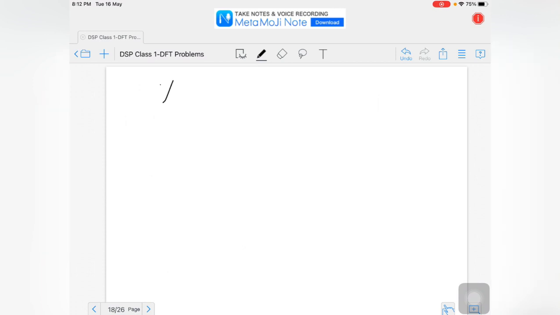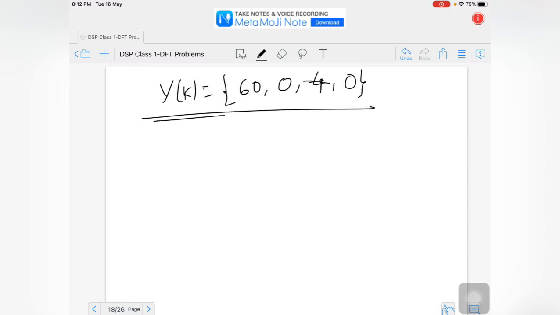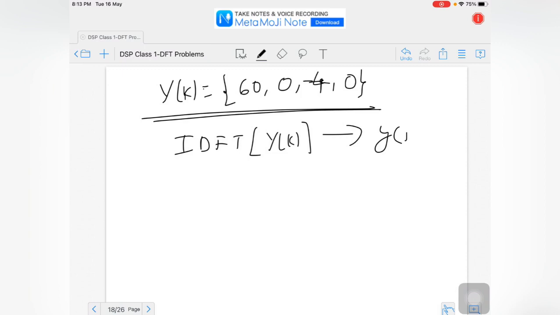Therefore y of k is equal to 60, 0, minus 4, 0. Once you get y of k, take the IDFT to get y of n.